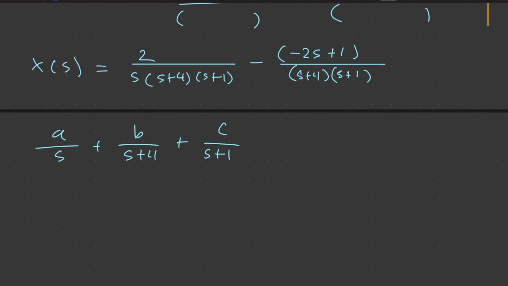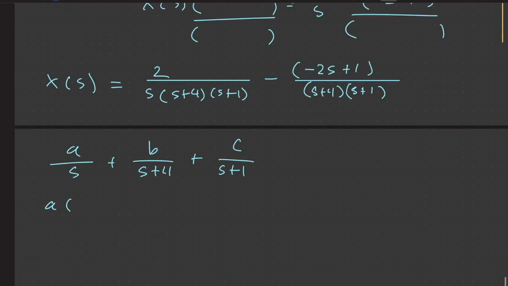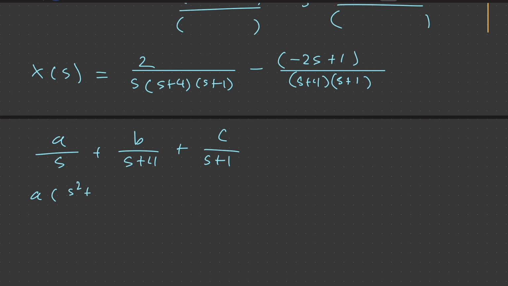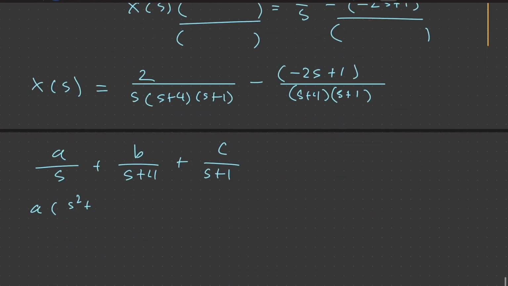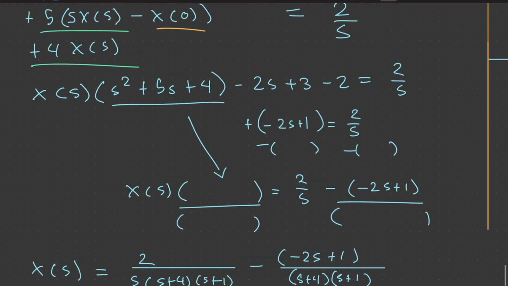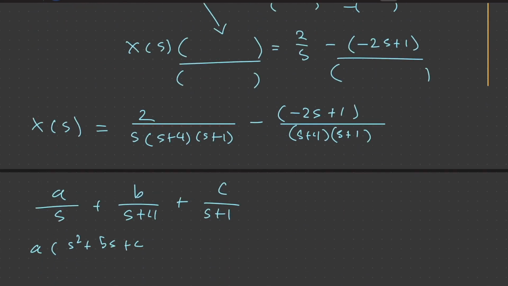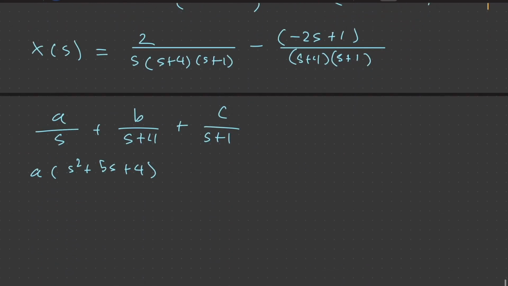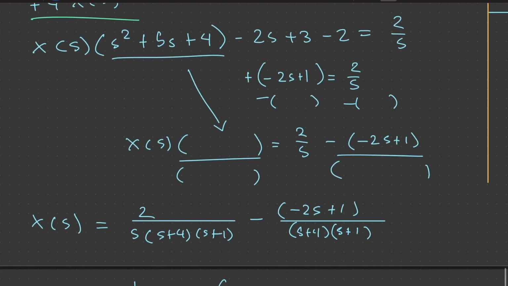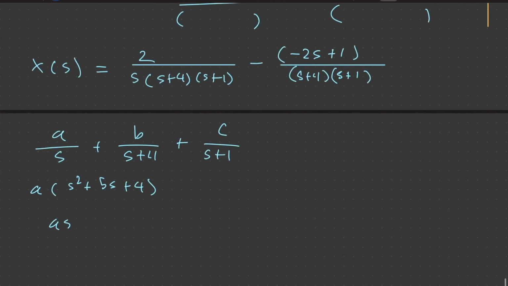And we're going to do a times basically our quadratic equation, not quadratic formula. Sorry, I didn't mean to bring some trauma back. Okay, just like that. In other words, it's going to be a s squared plus 5as plus 4a.